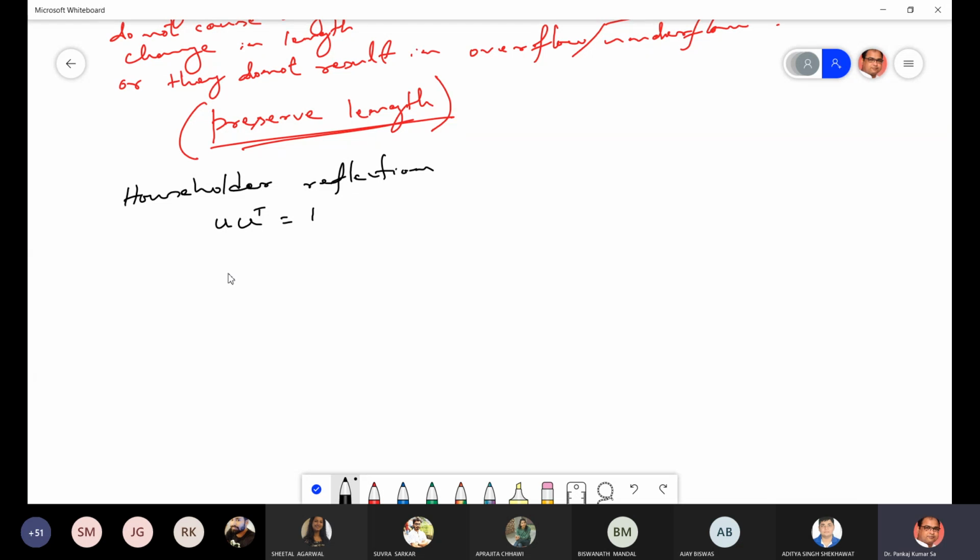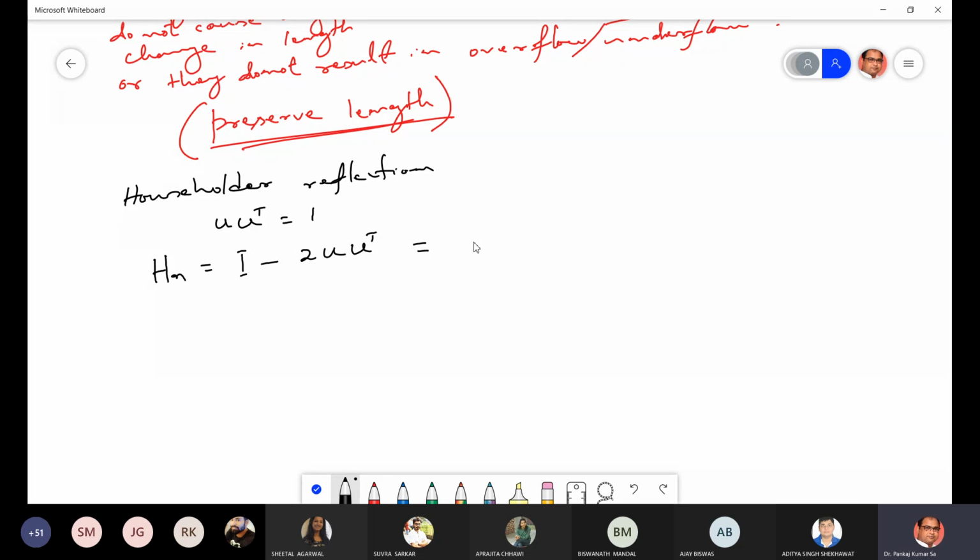And the generic form of this Householder reflection is Hn, that is for the nth order Householder reflection. The equation is I minus 2 times U U transpose.